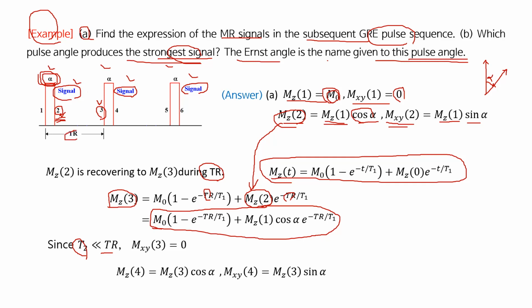So MXY transverse magnetization disappears during this time, TR, because T2 is very short compared to TR. Now at this point, point 4, we use the angle alpha pulse, so Mz3 cosine alpha and Mz3 sine alpha.